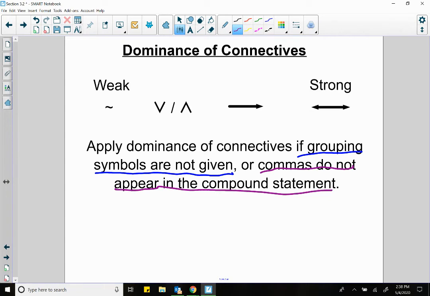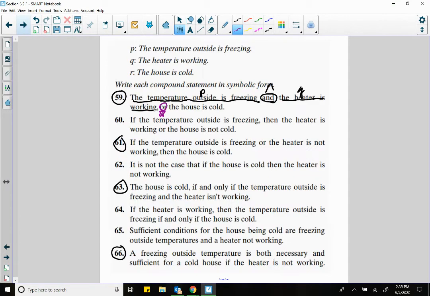We have a comma, so we don't have to worry about dominance of connectives because this comma that we have right here is telling you or is the strongest. So we know that this symbol right there is our strongest guy. Sorry, not a rooftop, a V. That's our strongest. Super important. And it's because of that comma right there as the reason.